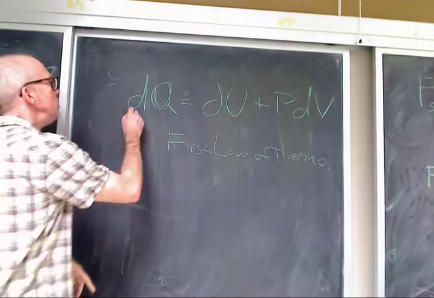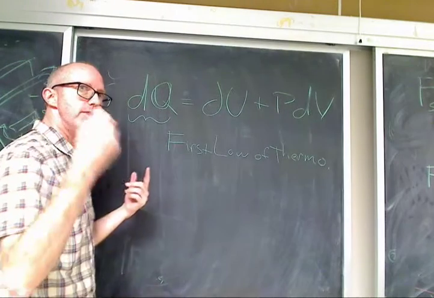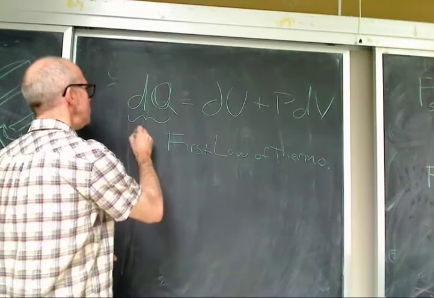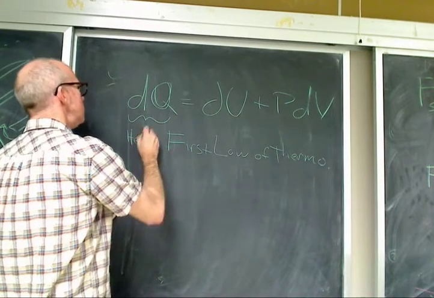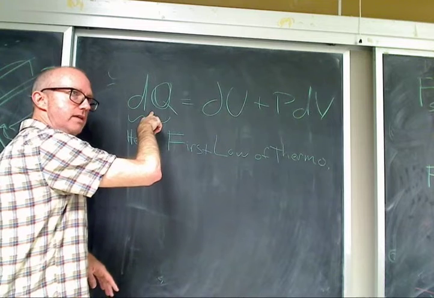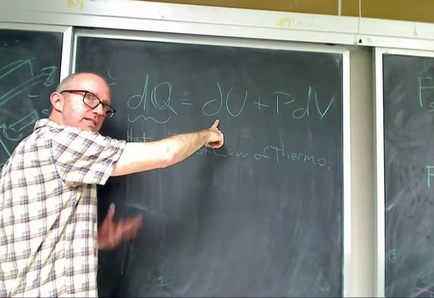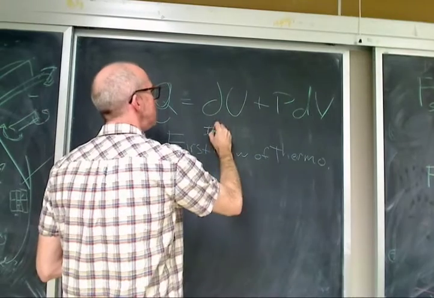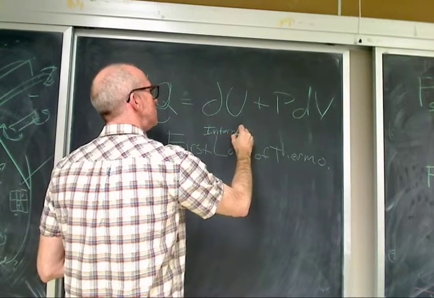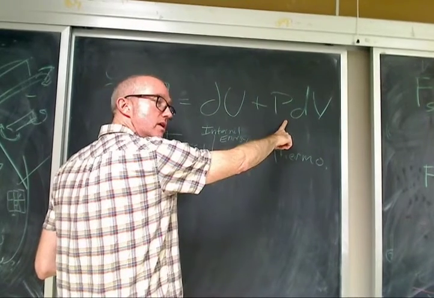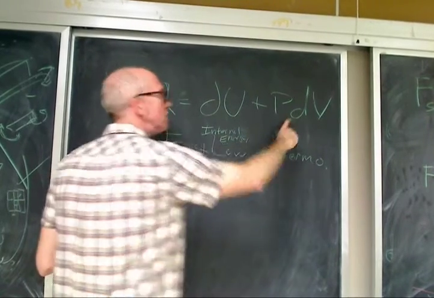So dq, one of you who has taken thermo, what's dq? Heat. So the dq is the heat flux. So dq is a tiny little element of heat. du is what? du is internal energy. And pdv is what? This is the work.